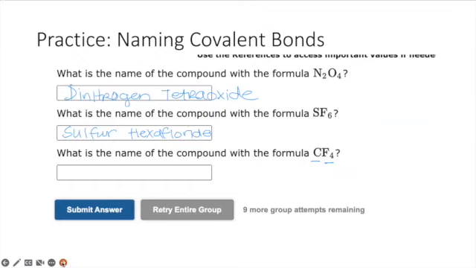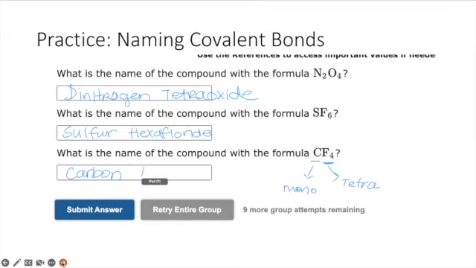So 1 atom usually corresponds to the prefix mono, but if it happens to be on the first element, we get to omit it. So we can just start off by saying carbon. Fluorine has 4, which takes on the prefix tetra.